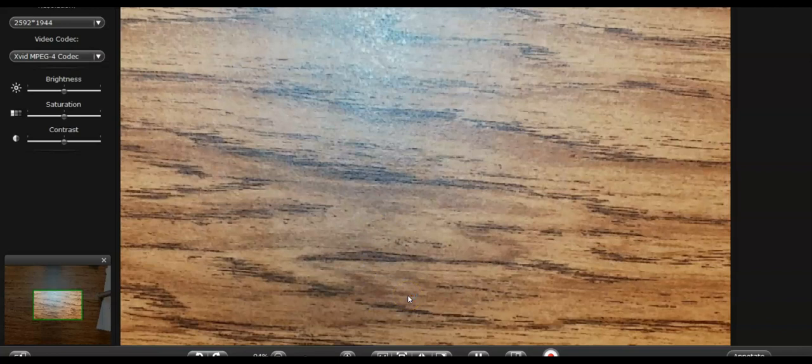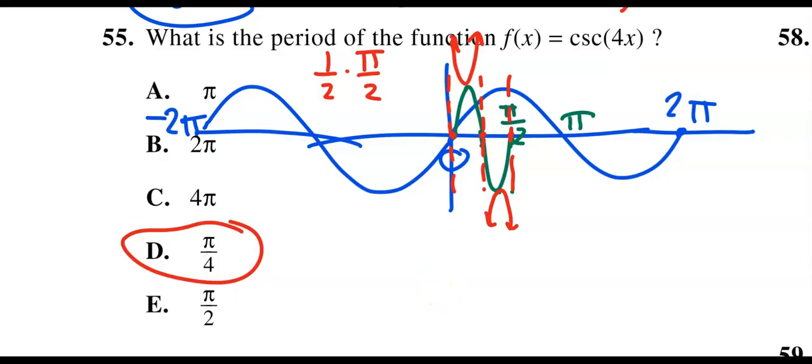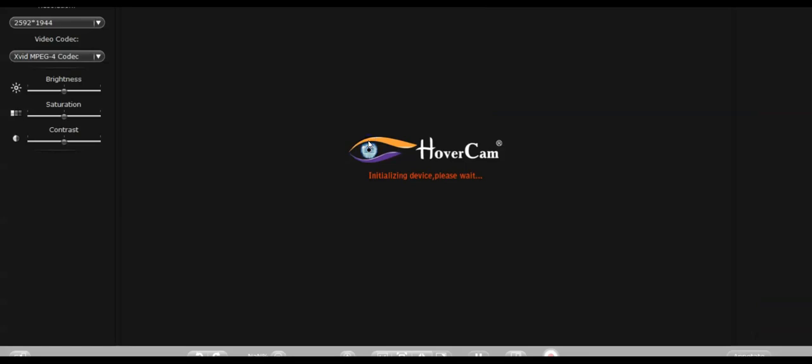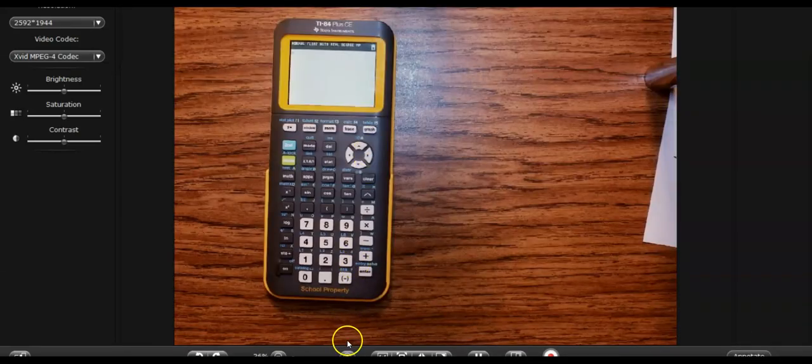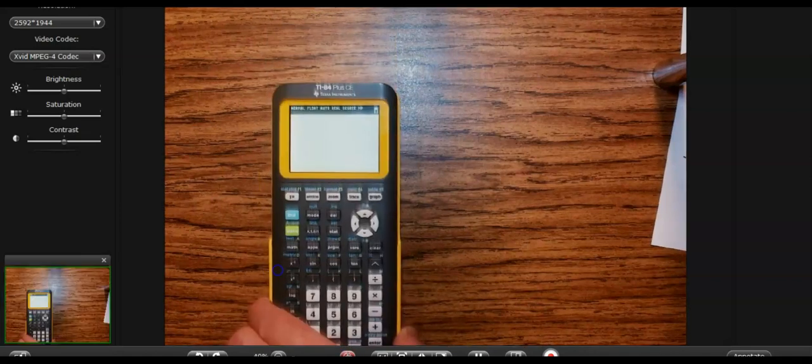If you have a graphing calculator, once I bring this up, we'll see if this can go a whole lot faster. Come on, zoom in.